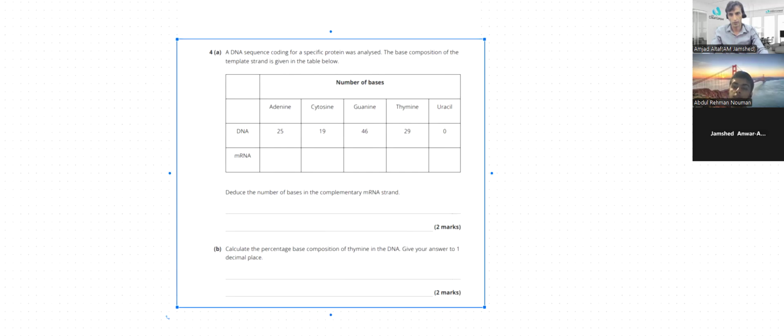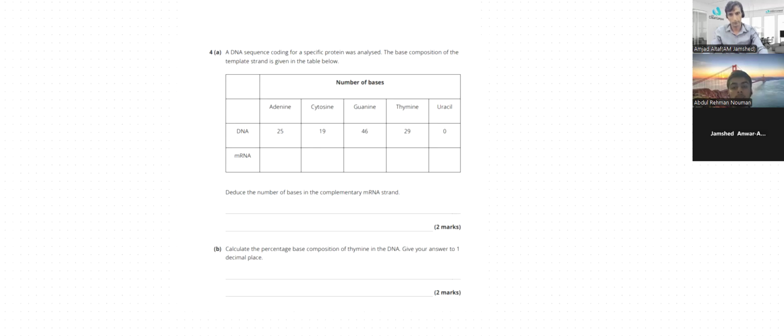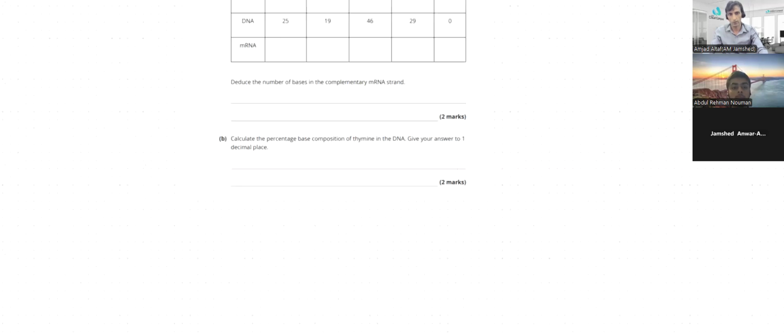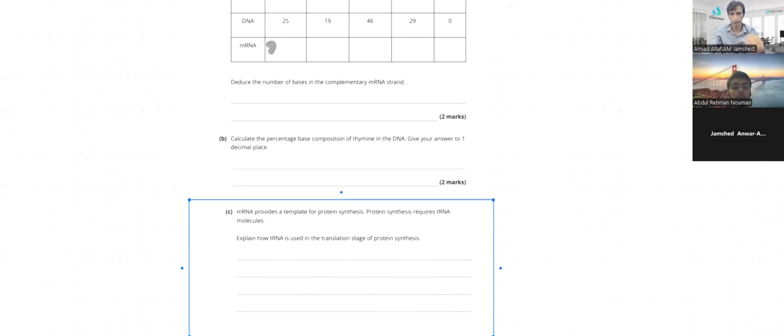I think it should all be the same. We will just replace thymine with uracil. All the numbers are going to be the same, because messenger RNA is complementary to the DNA template strand.